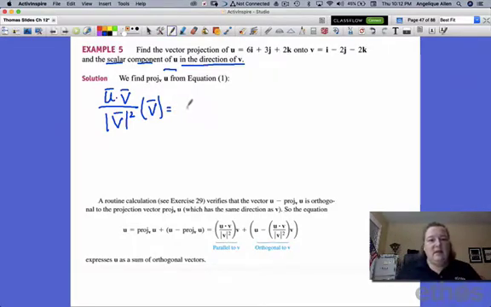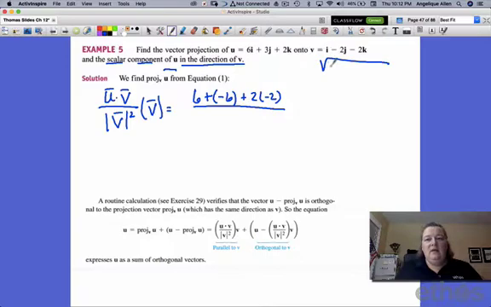And so we've got the dot product, 6 times 1, 3 times negative 2, and 2 times negative 2. Then the length of v, 1 squared, negative 2 squared, negative 2 squared, square root of 9 is 3. 3 squared, okay, and times the vector v.